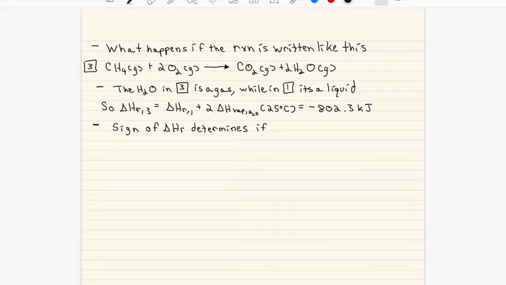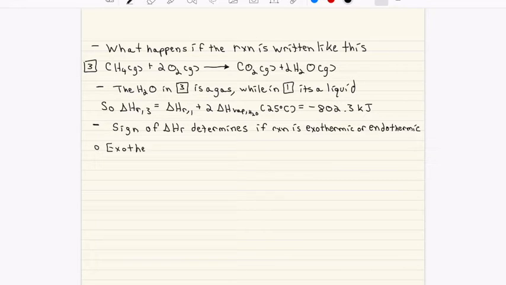So delta H of R determines if a reaction is exothermic or endothermic. Okay? You may have heard these terms before in general chemistry too, but I want to redefine them here.